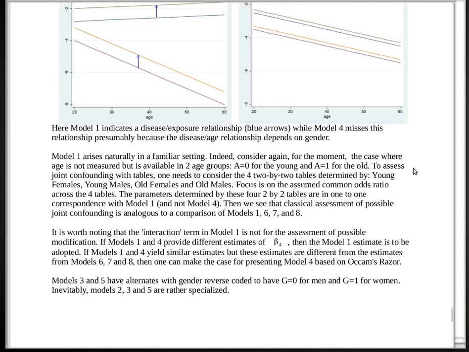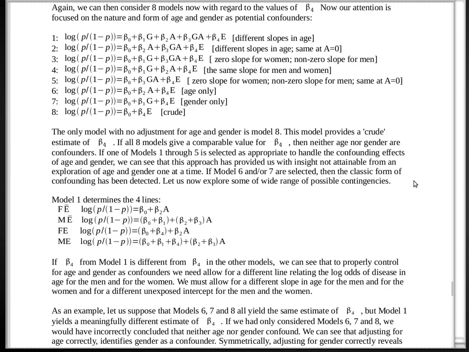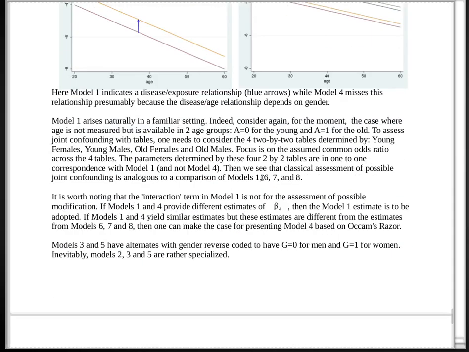One more point for you before we close this session. The interaction in Model 1, this term beta 3 GA, that is seen in Model 1 but not seen in Model 4, is for the possible assessment of confounding.